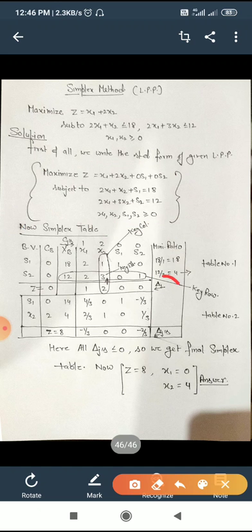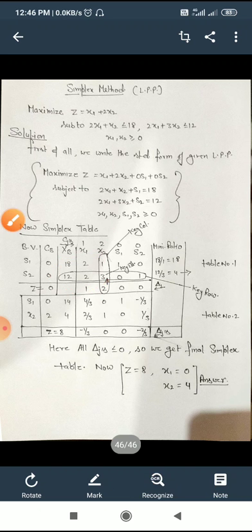Now we define the delta J. Taking CB, 0 multiplied with 2 and 0 multiplied with 2: 0 into 2 plus 0 into 2 is 0, and subtract from 1, so 1 minus 0 is 1. Similarly, in the next value, 0 into 3 plus 0 into 1, adding both gives 0, subtract from 2, so 2 minus 0 is 2.